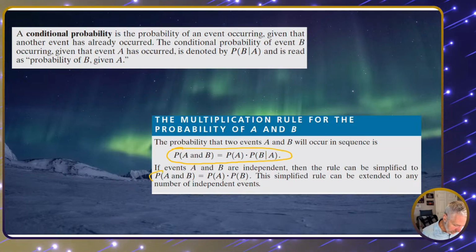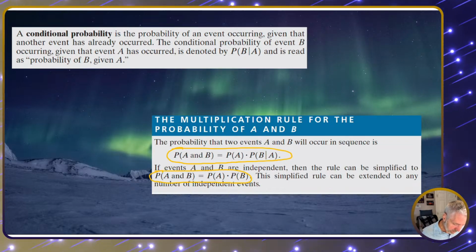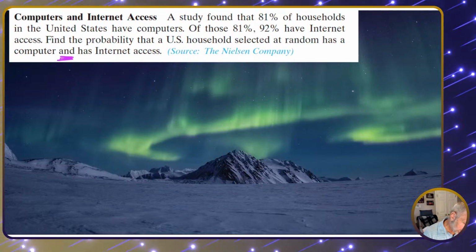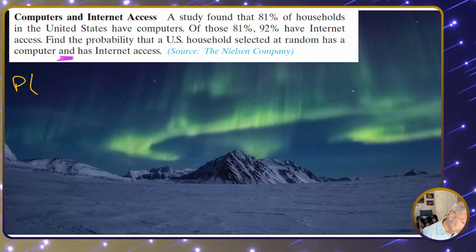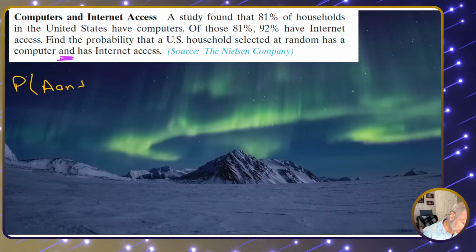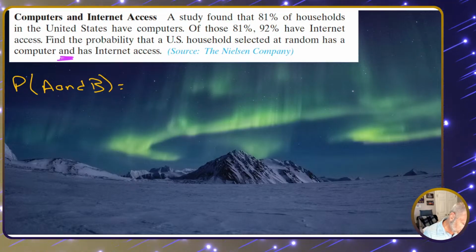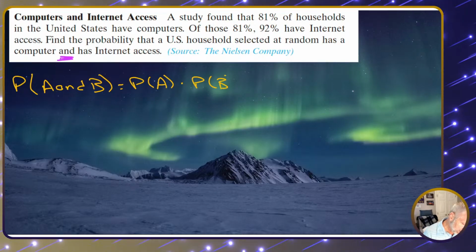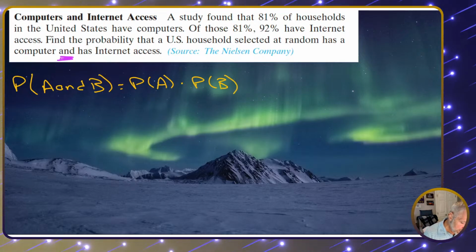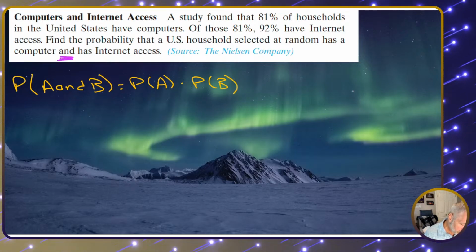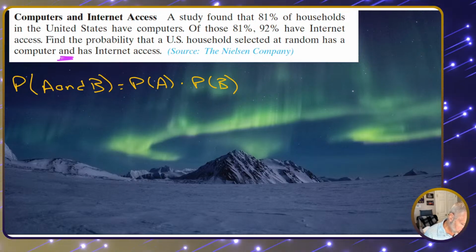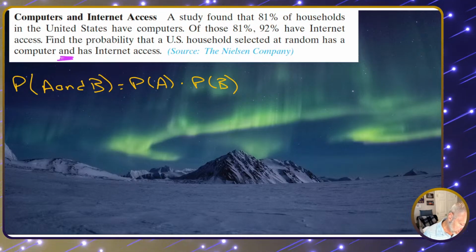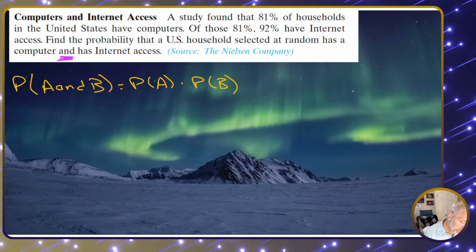So basically, I'll just write it out. I've got the probability of A and B is equal to the probability of A times the probability of B, right? So the probability of A is going to be has a computer.